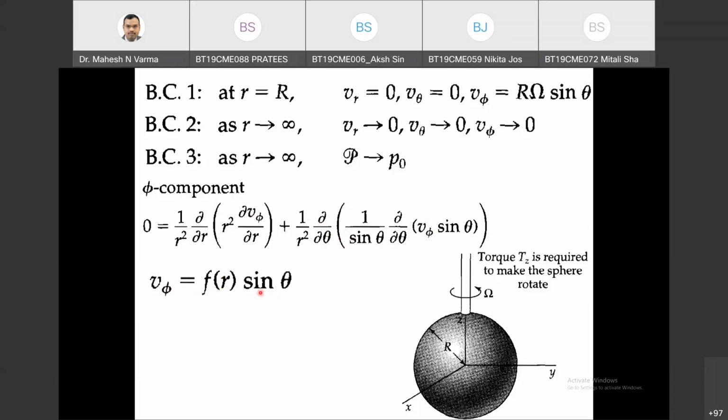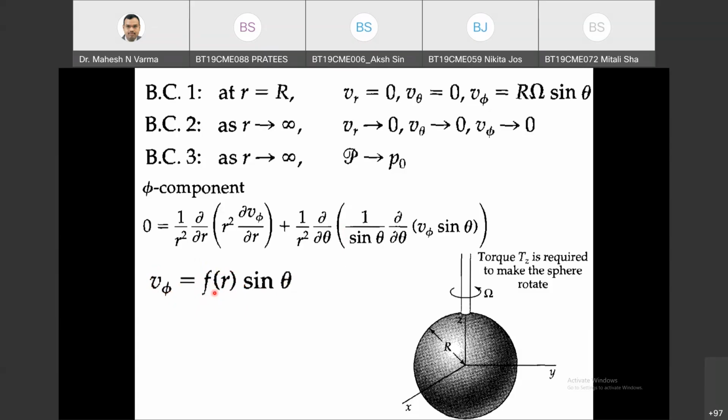Now substitute this. F is a function of r only. It is not a function of theta. So I am assuming the velocity profile in this format: V phi equals f of r into sine theta, where f is a function of r only.